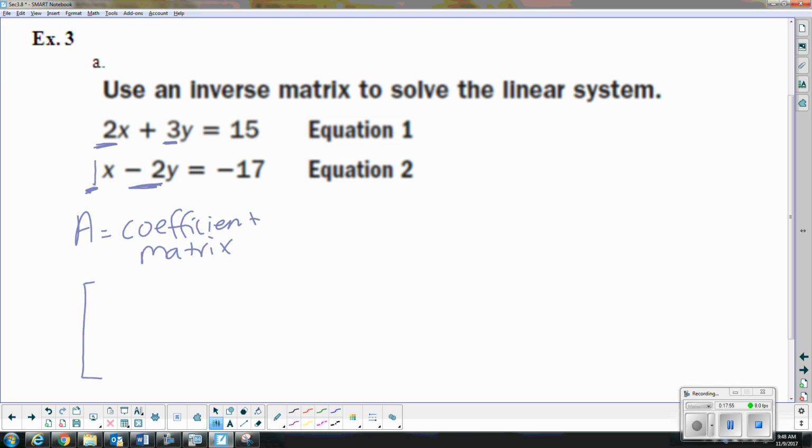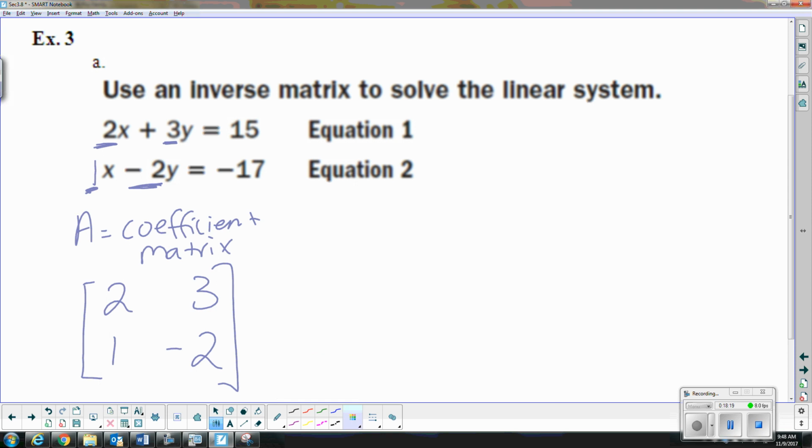So with this, you have to make sure that your coefficients are in the same order. So like your coefficient of X is first in both equations, and your coefficient of Y is first in both equations. Because that's how your matrix needs to be set up. So 2, 3, 1, and -2. So that's matrix A.